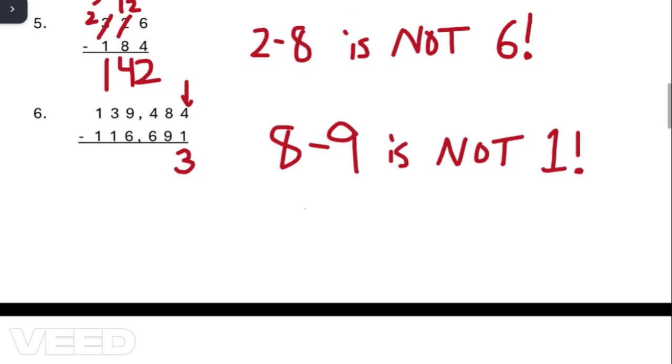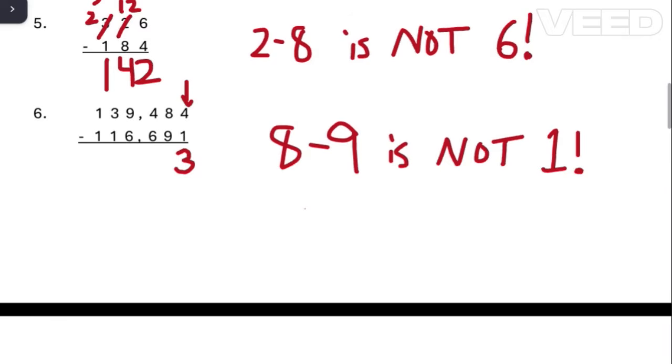Please know that 8 minus 9 is not 1. We cannot do 8 take away 9 because 8 is too small. If you have 8 coins, you cannot take away 9 of them.